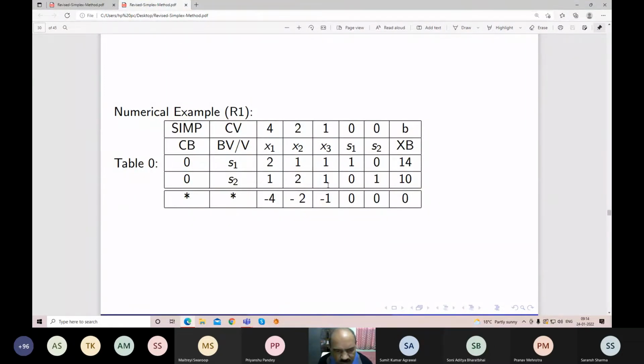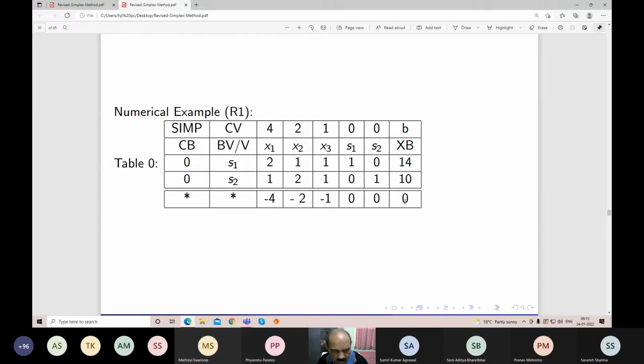Here itself, we are just doing some primary calculation. In the last row of the simplex table, the indicator row, these -4, -2, -1 are the three elements below the non-basic variables. Below the basic variables, two elements 0, 0, and that 0 says something about the value of the objective function.